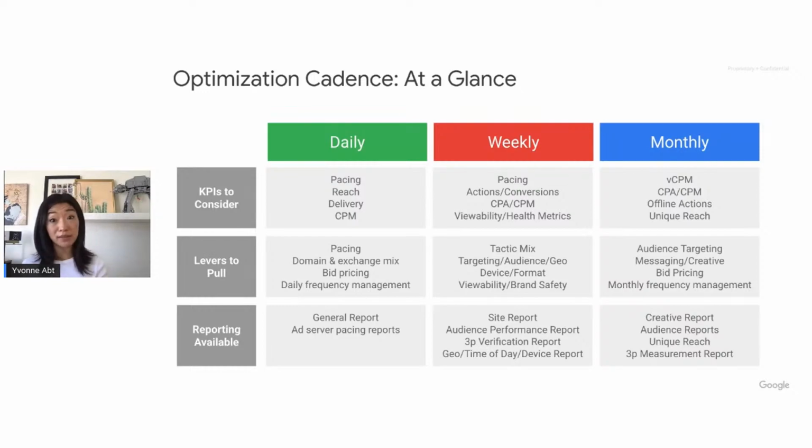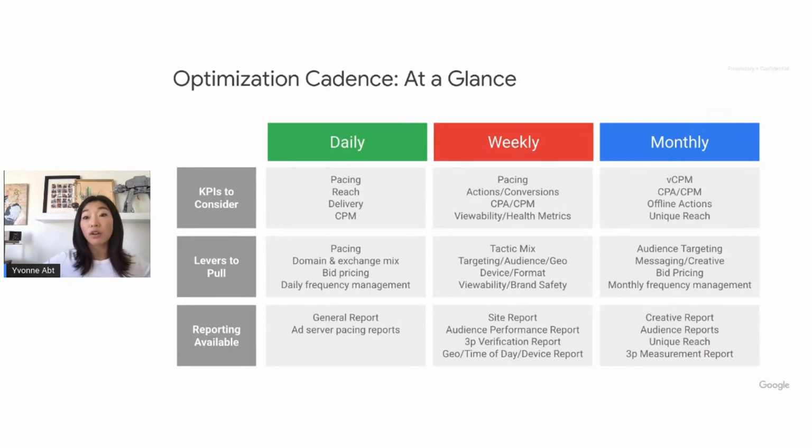On a weekly basis, when you've got more data, you can look at deeper performance metrics like CPA, for example. You can even do that at a line item or an audience tier level because you've got more data, and you can make more granular cuts of reporting to drive more nuanced optimization recommendations.